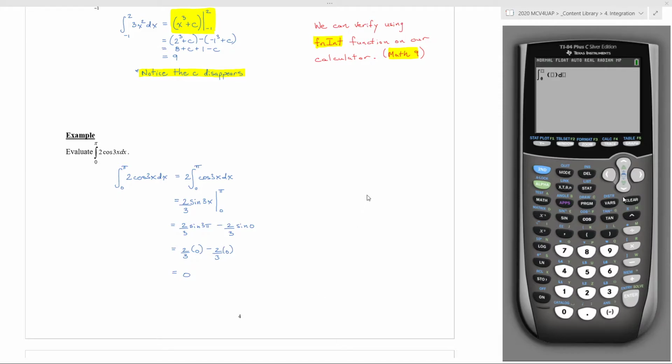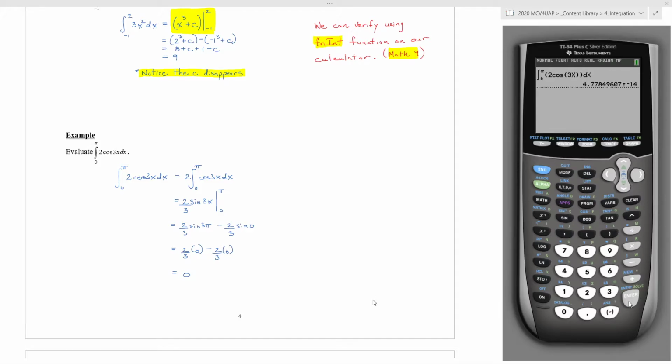So I'll put in my limits, 0 to pi. And then just type in 2 cos 3x dx, just like that.